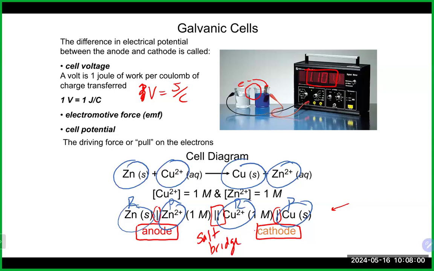So it's reactant then product, typically, as written in the cell diagram. And that's how you can go from the cell diagram back to the equation, and back and forth. Any questions on that? But it's always anode to cathode, so always oxidation to reduction, just like how the cell is typically set up.